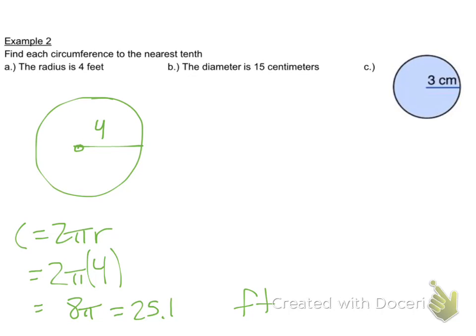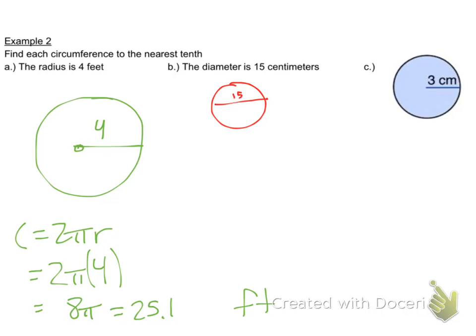The next one doesn't give us a radius, it gives us a diameter. I think we can draw that. What do we get when we draw that? We get a circle with a line going all the way across that says it's 15. Does that help us at all?